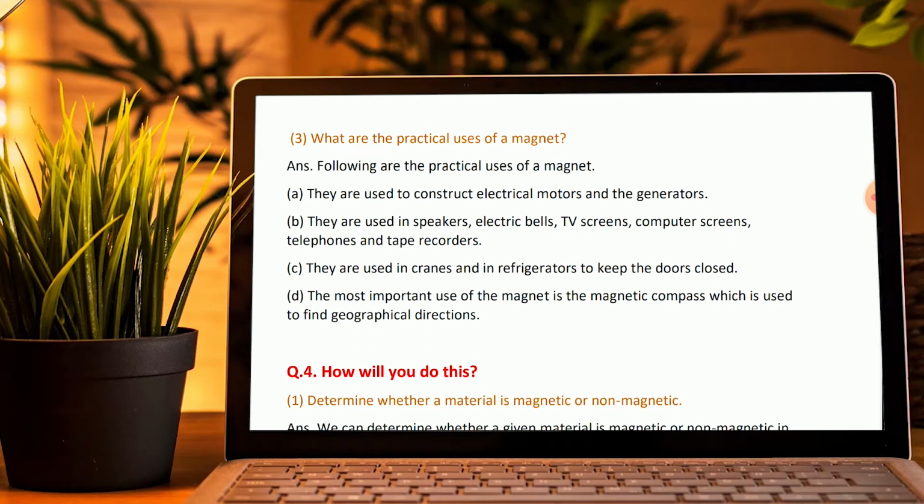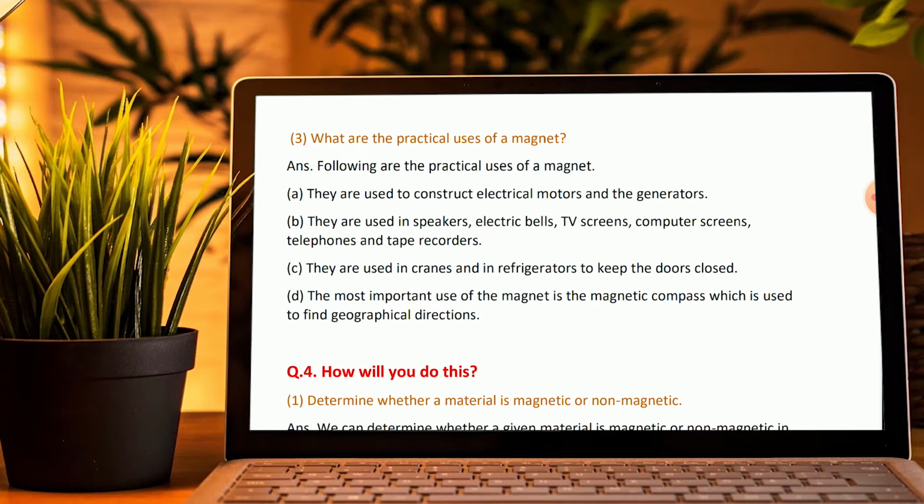What are the practical uses of magnets? Answer: Following are the practical uses of magnets. A. They are used to construct electric motors and generators. B. They are used in speakers, electric bells, TV screens, computer screens, telephone screens and tape recorders.